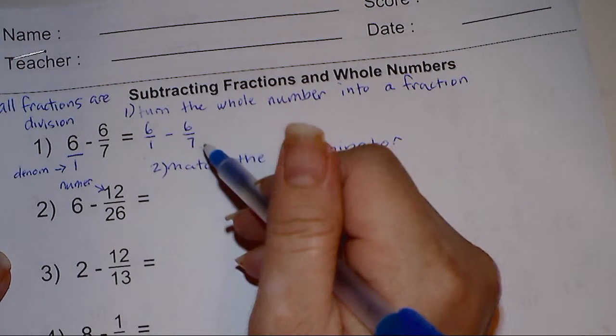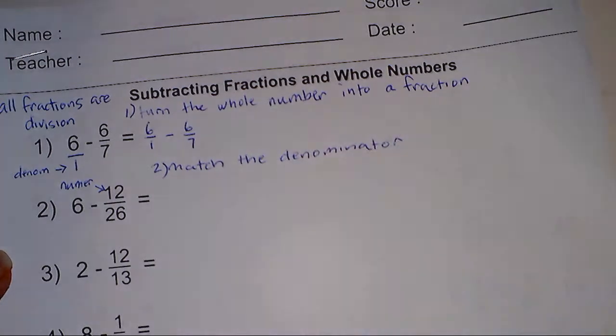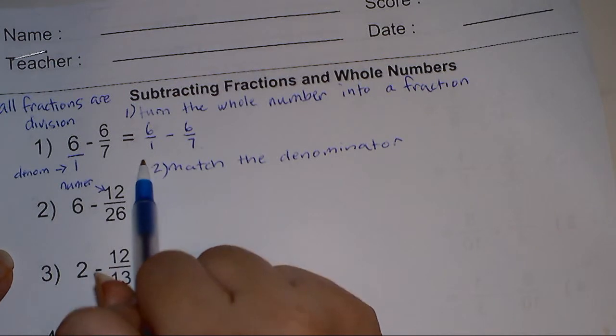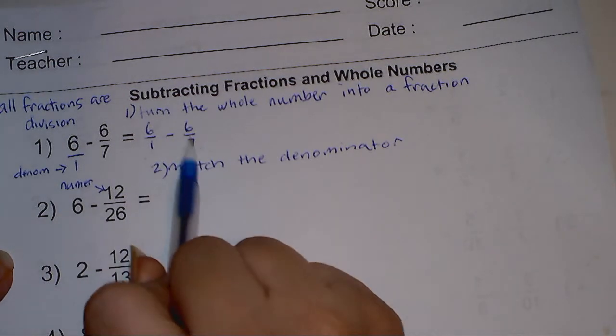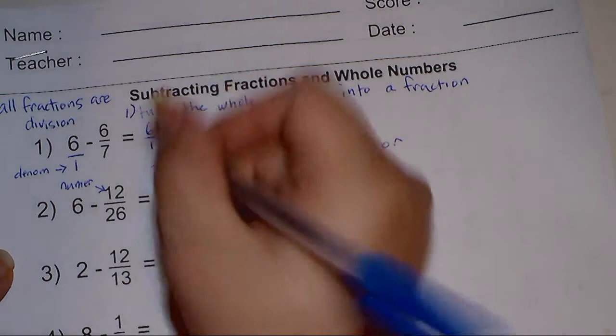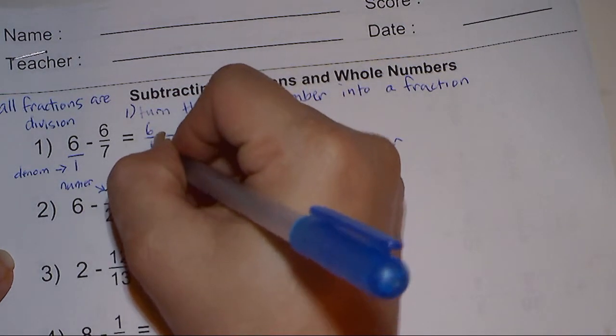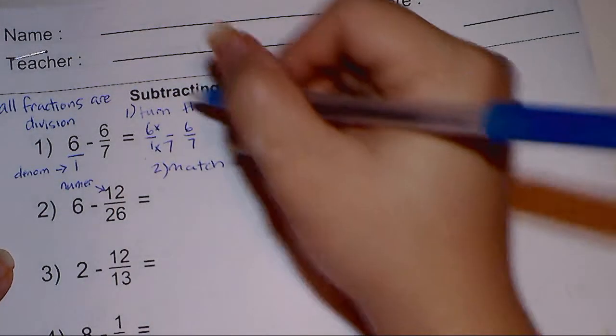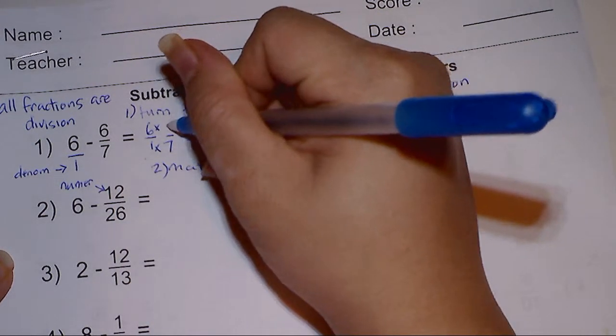Sometimes you don't have to do both numbers, and I will show you a situation where we can do both numbers, or if we can divide down, things like that. For this particular one, 1 can go into 7, so we don't even need to touch 7. All we have to do is get that 1 to 7. So 1 times 7 would be 7. And what I do to the bottom, I must do to the top.